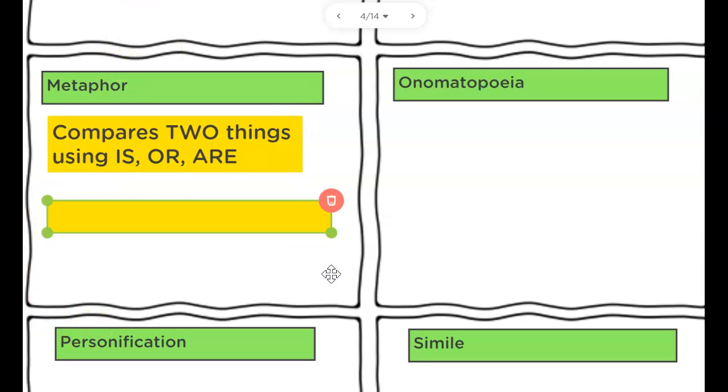So remember, figurative language means something different than it says. So if I said, my cat's name is Romo. Romo is a cat. I used is, but this is not a metaphor because it means exactly what it says. Romo is a cat.